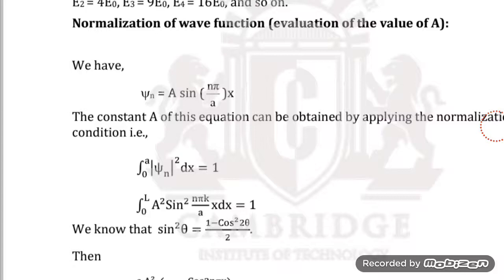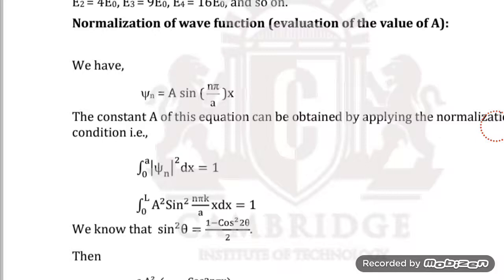So the integration from 0 to a of magnitude psi n squared dx should be equal to 1, where if we take the length of the potential box as L, then the limits will change to 0 to L.